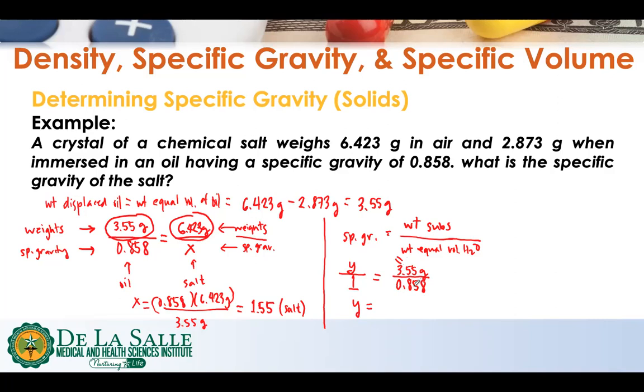So 3.55 divided by 0.858 is equal to 4.1375 grams. That's the weight of the displaced water if the crystal were placed in it.